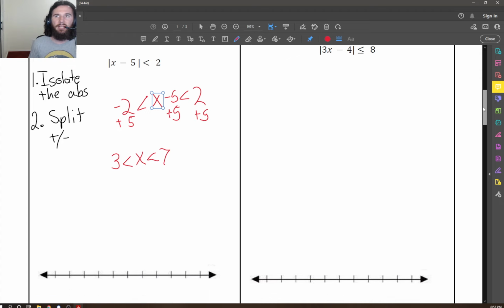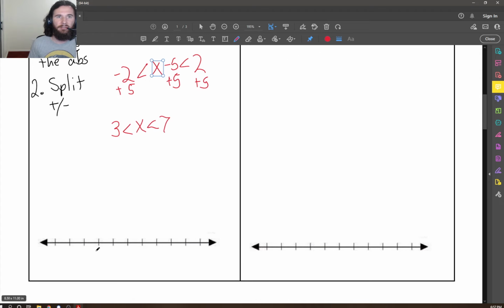So x could be anything from 3 to 7. I'm going to put 3 here and 7 over here. This is not inclusive, so they get open circles, and x could be anything in between these. Doesn't this look just like inequality notation for domain and range? So x can be anything between 3 and 7.